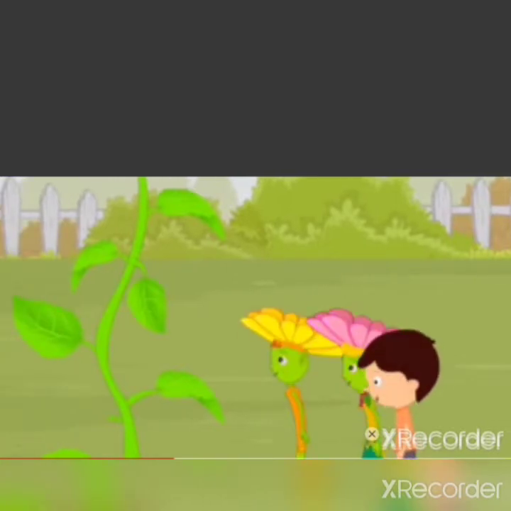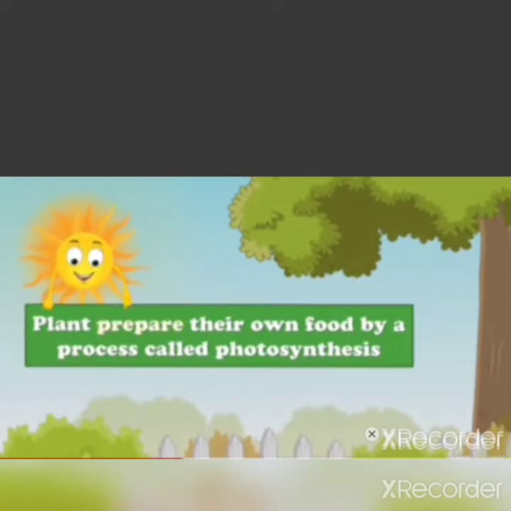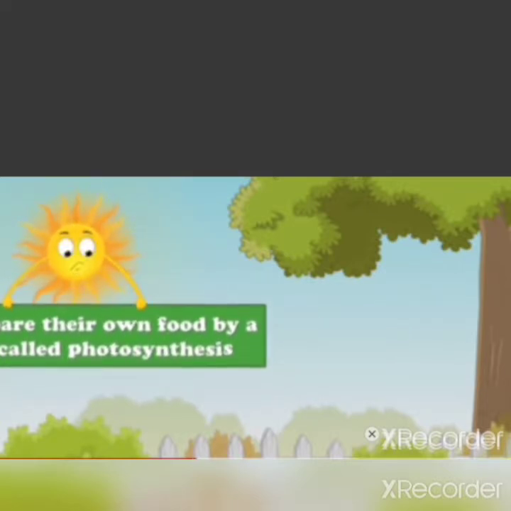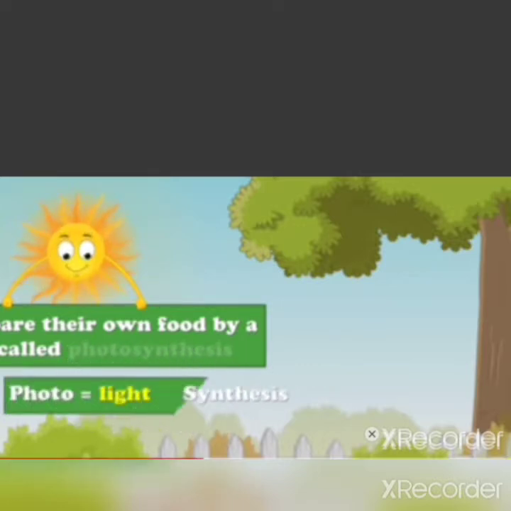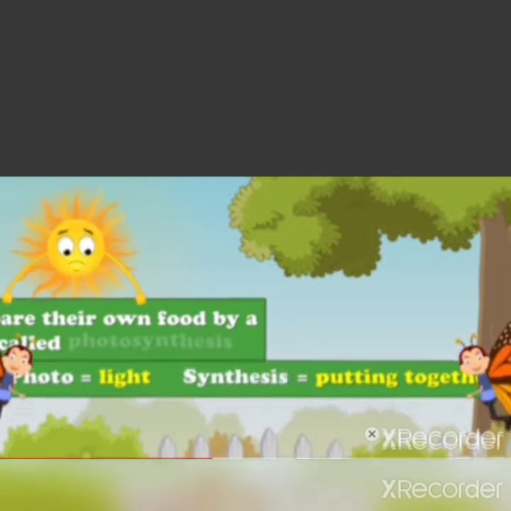Look, this is a plant. And here is the sun. Plants prepare their own food by a process called photosynthesis. Photo means light and synthesis means putting together.